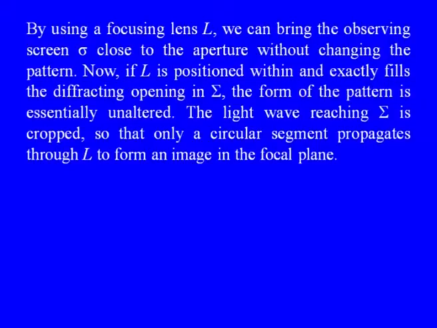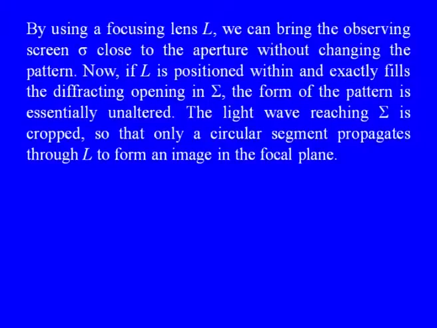Now, if L is positioned within and exactly fills the refracting opening, that is completely fills the aperture, the form of the pattern is essentially unaltered by the lens. It is really controlled by the aperture.